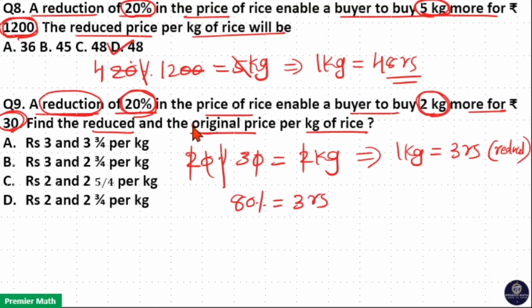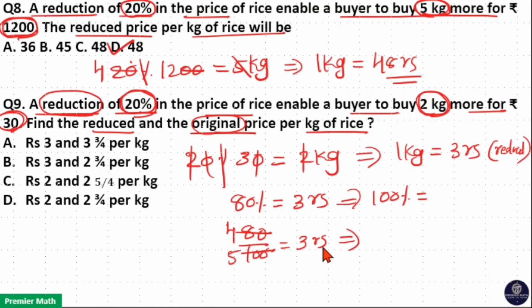But we need to find out the original price as well. Original price is 100%. So 100% is equal to, here 80% is 3 rupees means 80 by 100 is 3 rupees. Now 20 goes 4 times in 80, 20 goes 5 times in 100. Now 4 by 5 is equal to 3 rupees means, here 100% means 1 unit.